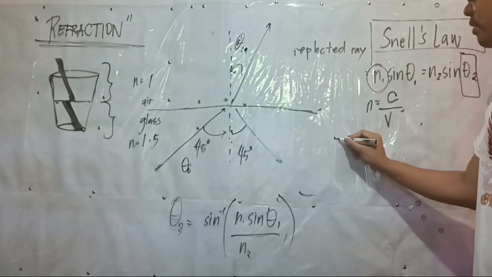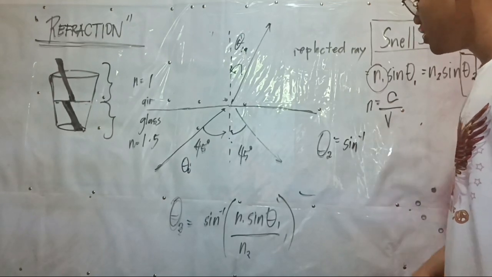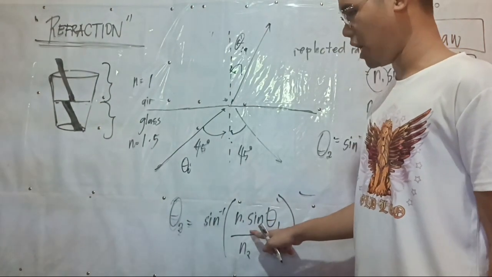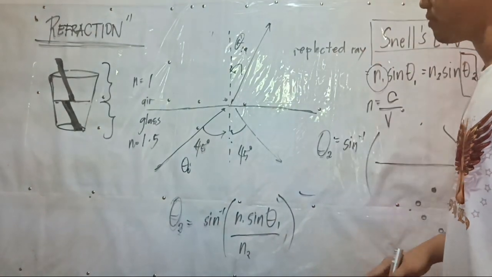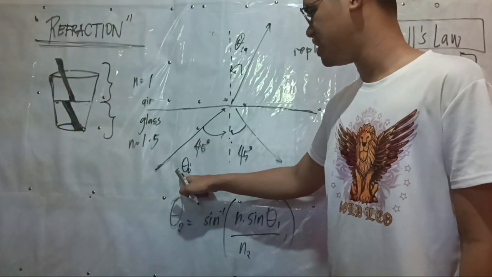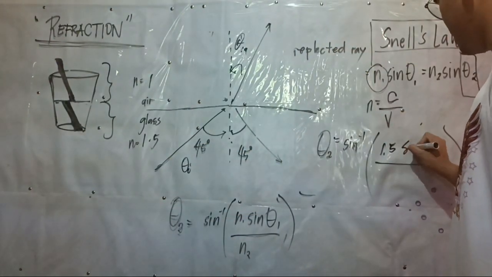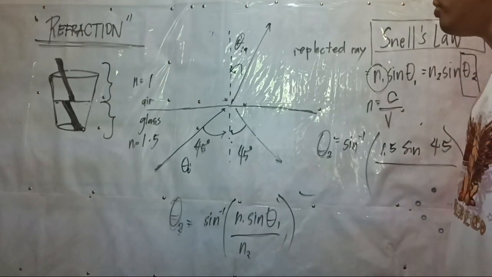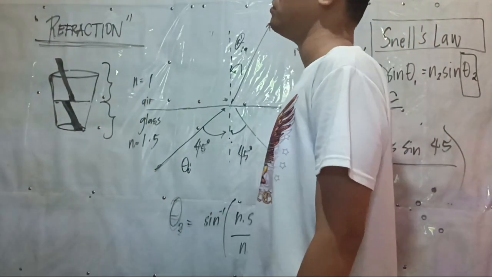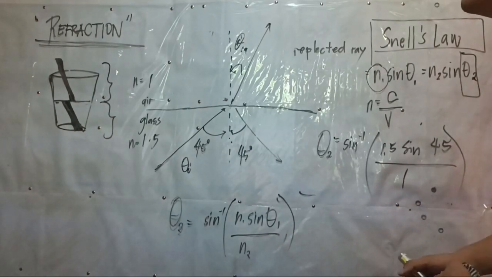In our formula, we get the inverse sine of N1, which is 1.5, times sine 45, our angle of incidence, over N2, which is equal to 1.